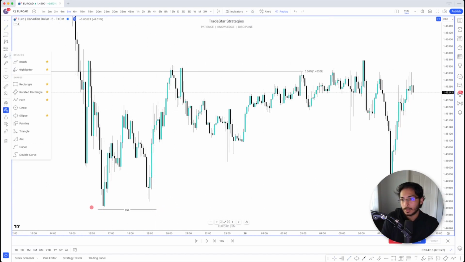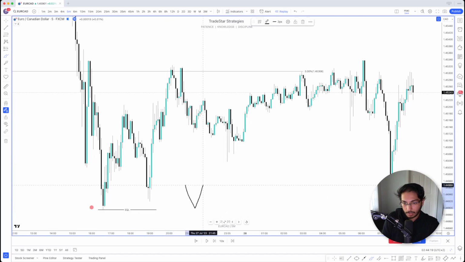And equal lows, a lot of people misunderstand equal lows. Equal lows means not this, where they're not actually equal. Equal lows has 2 variations. It's where they're damn near exactly equal, or the first one is a little bit higher than the second one, right?